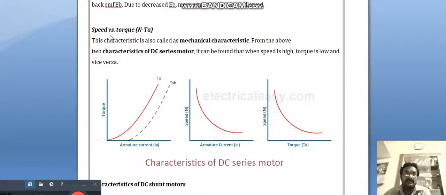Next one, speed versus torque. This characteristic is also called the mechanical characteristic. Armature current versus torque is called the electrical characteristic, and speed versus torque is called the mechanical characteristic. It can be found that when speed is high, the torque is low, and vice versa.